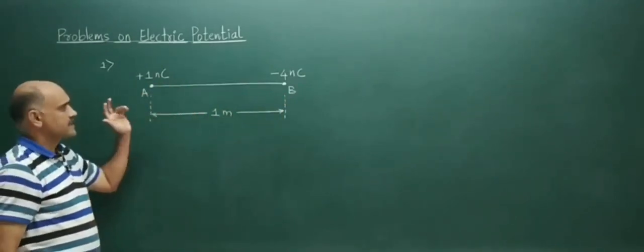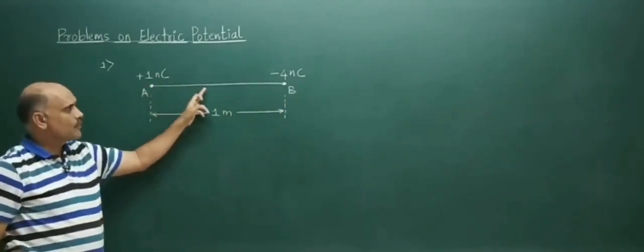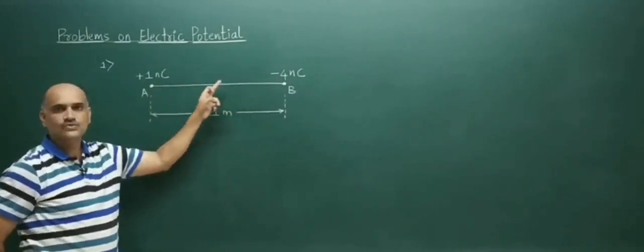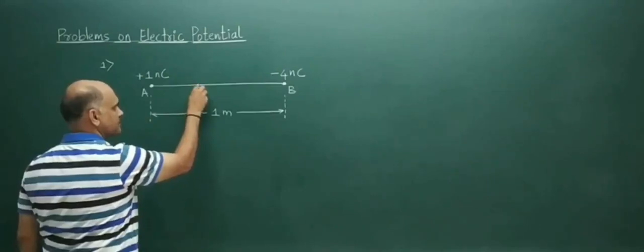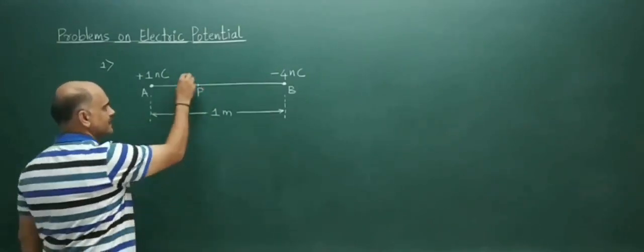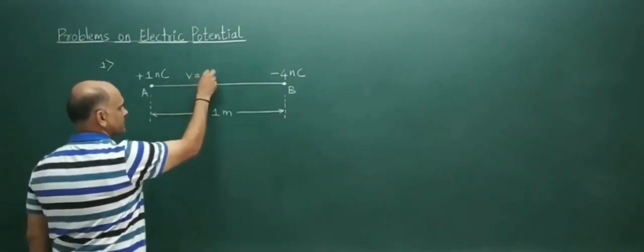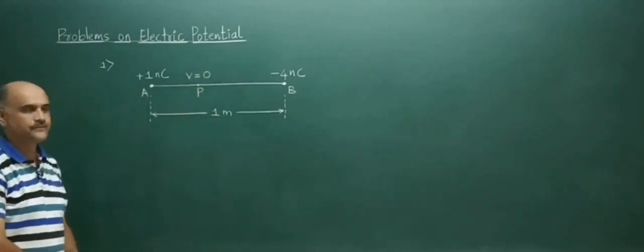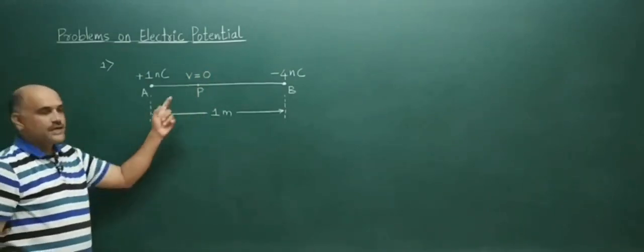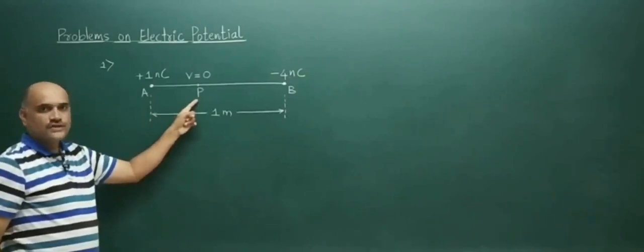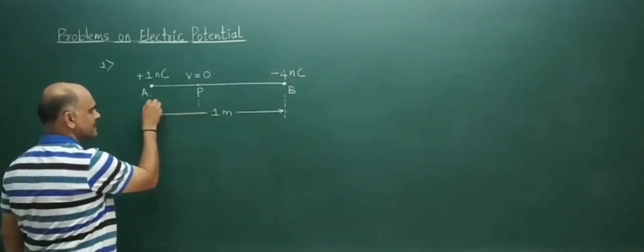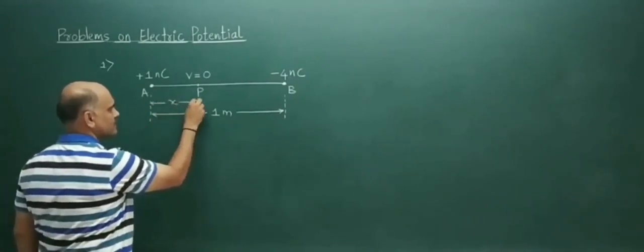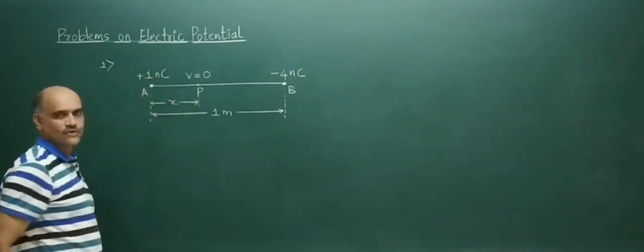Now in the first case, I will take a point in between these 2 charges where potential is 0. I will denote it as point P, where V is equal to 0. You are required to find the position of this point. So I will take it at a distance x from the 1 nanocoulomb charge.